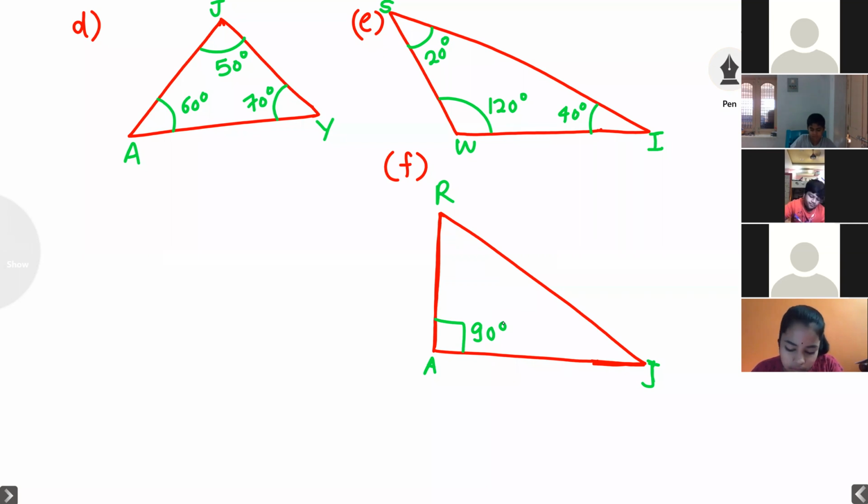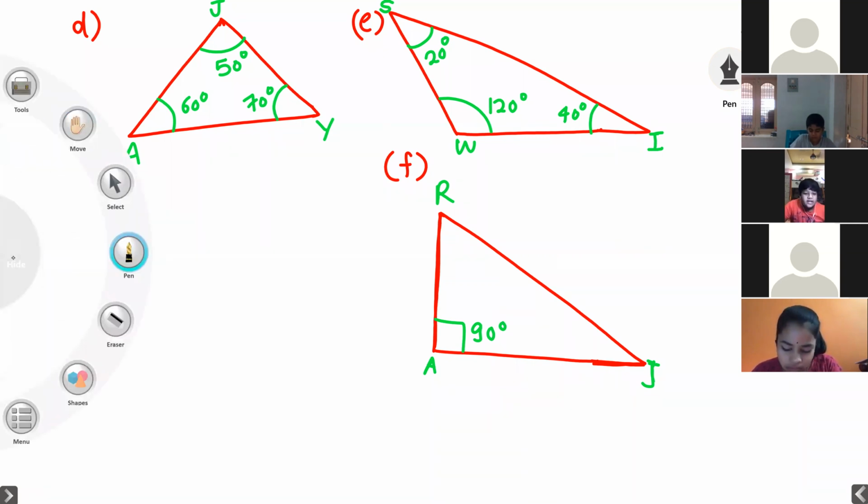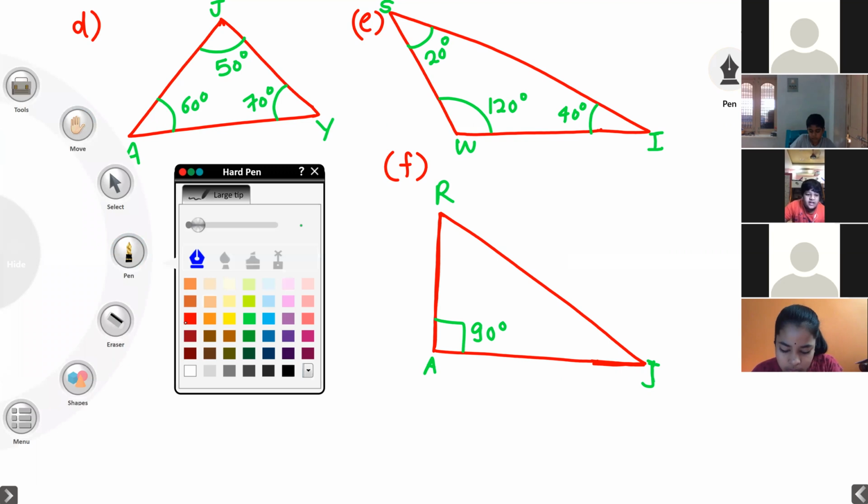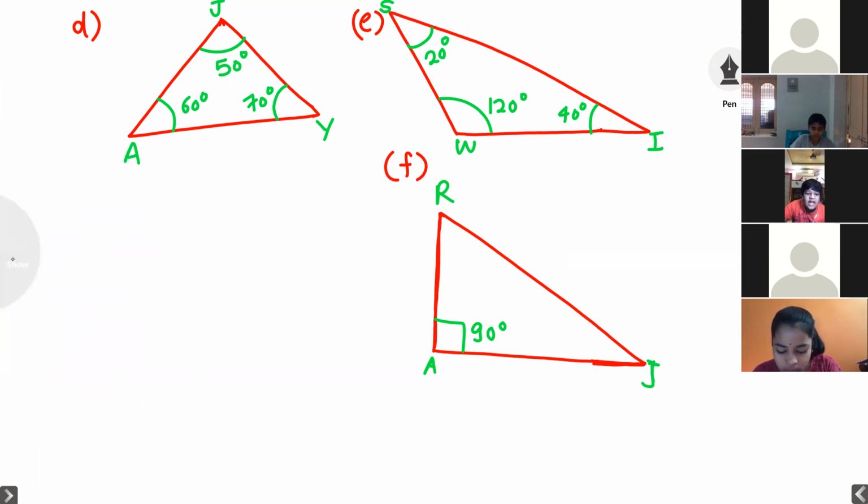What is the name of the first triangle? In a given triangle, if each and every angle is less than 90 degrees, that is called an acute angled triangle, or acute triangle. In the second figure, if one angle is greater than 90 degrees, that is called an obtuse angled triangle or obtuse triangle.